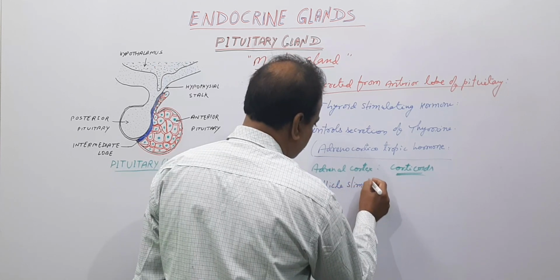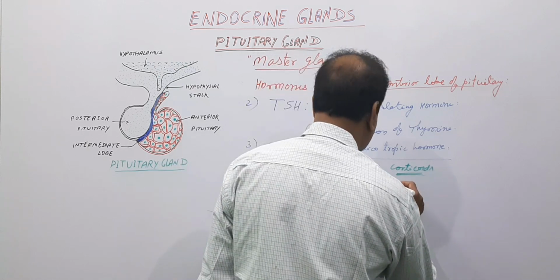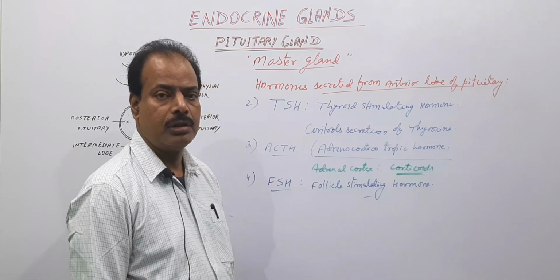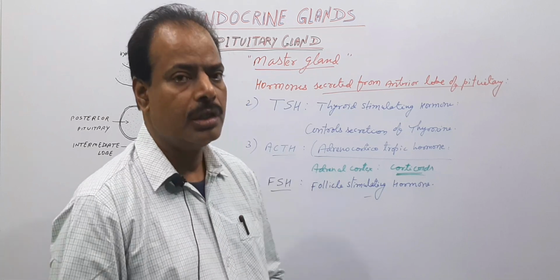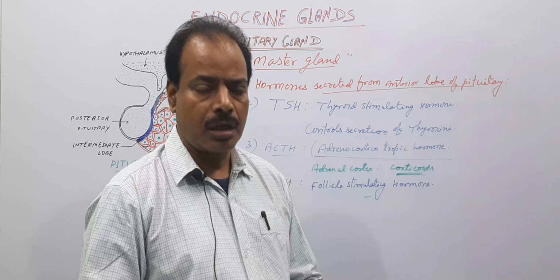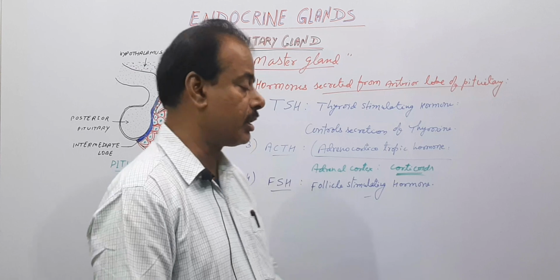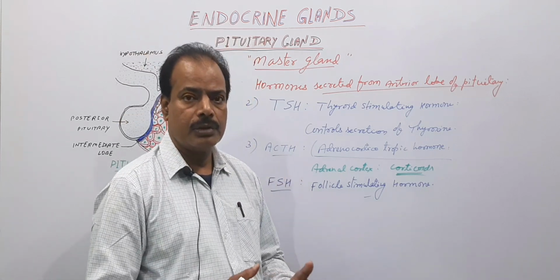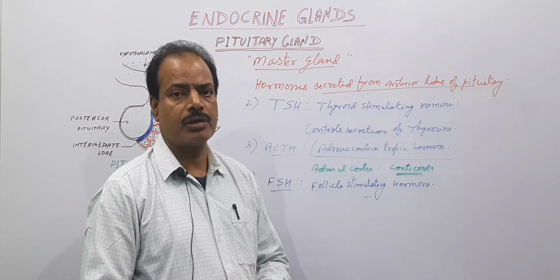It stimulates the ovaries to release estrogen hormone, as well as helps in regulating development of follicles such as the Graafian follicle, and it also stimulates sperm for spermatogenesis, meaning formation of sperm.